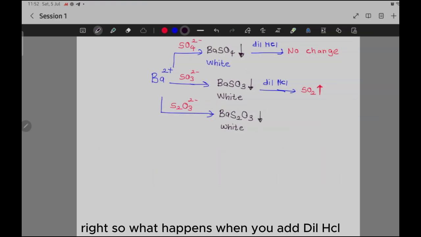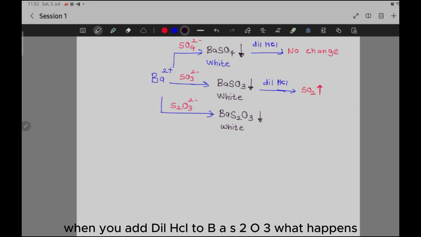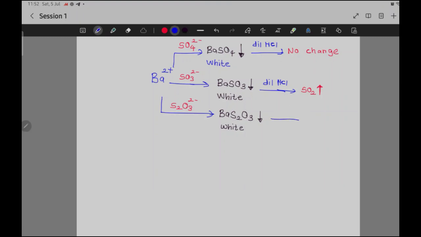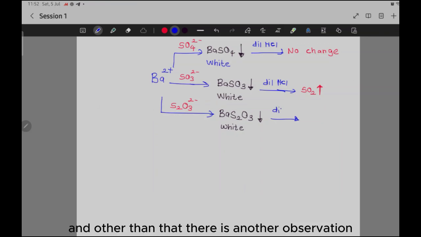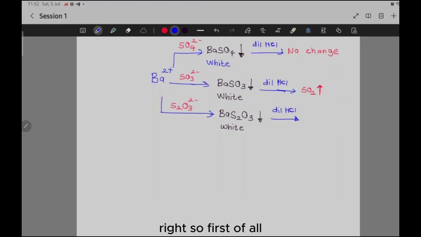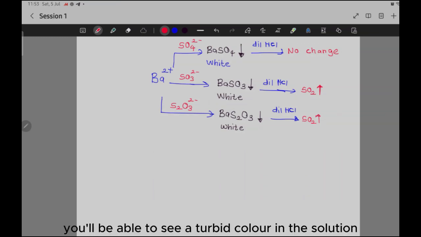So what happens when you add dil HCl to BaS2O3? Again the same fellow releases, sulfur dioxide gas. And other than that, there is another observation. Apart from SO2 gas releasing, you will be able to see a turbid color in the solution.